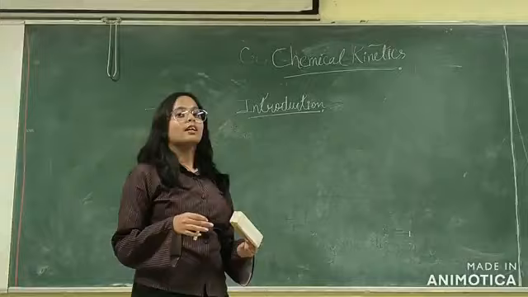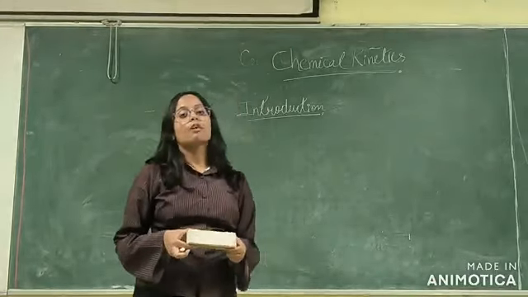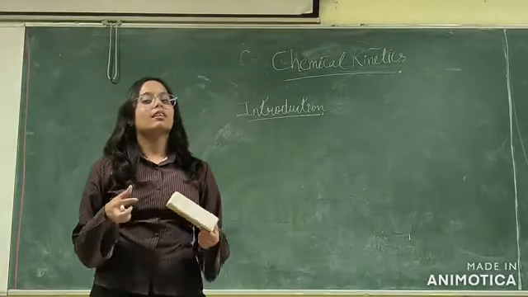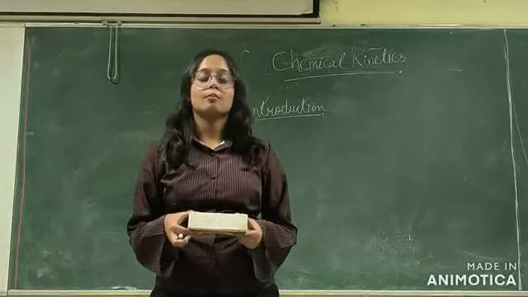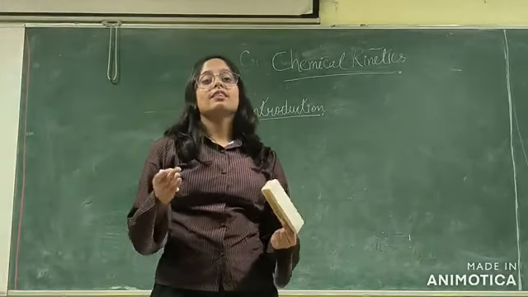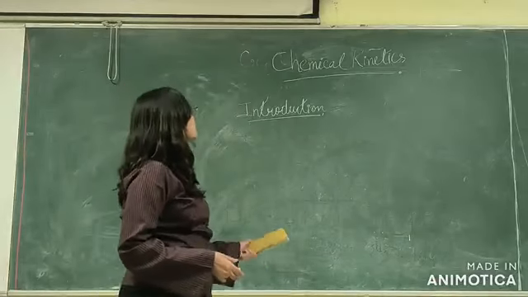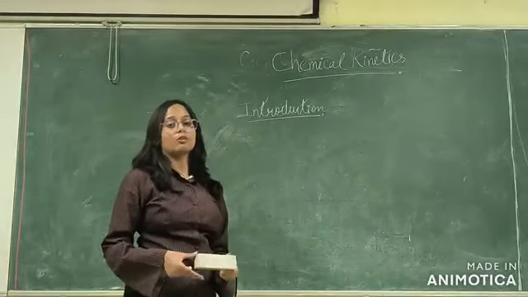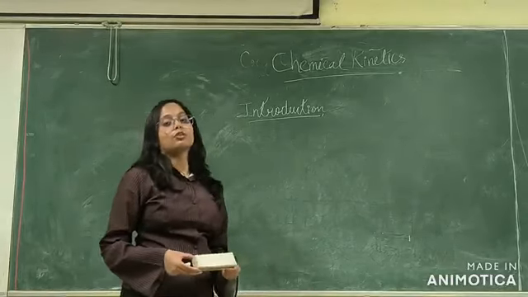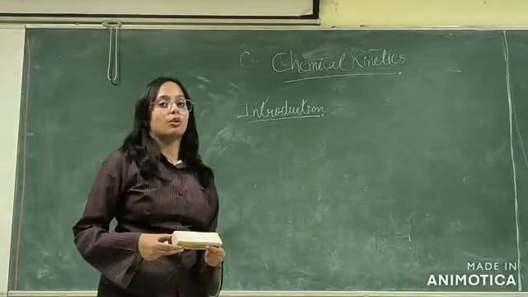But it does not give us the full information about the reaction. If the reaction is feasible and takes years and years to complete, that is of no use. Therefore, chemical kinetics completes the information about the reaction: if it is feasible, how much time it will take to reach completion. Therefore, the study of this chapter is equally important.